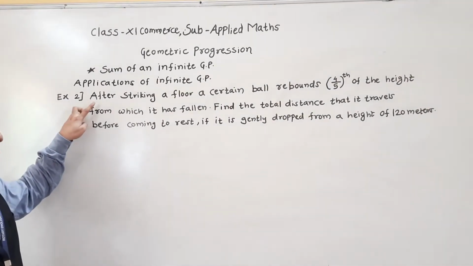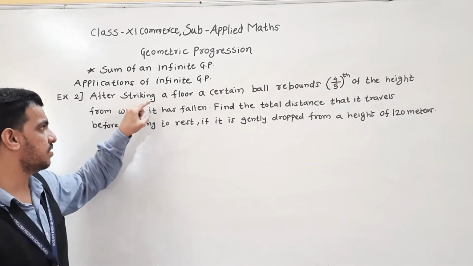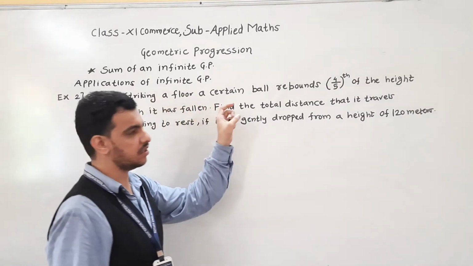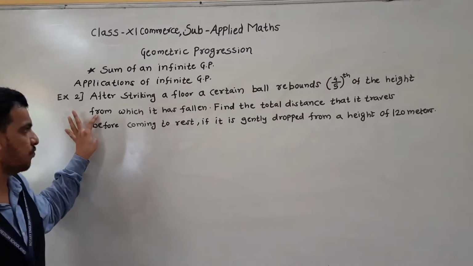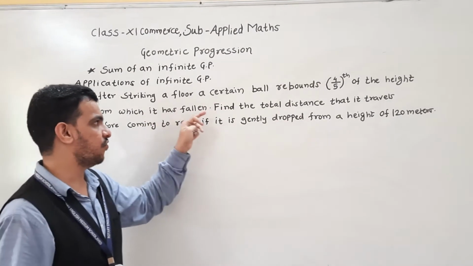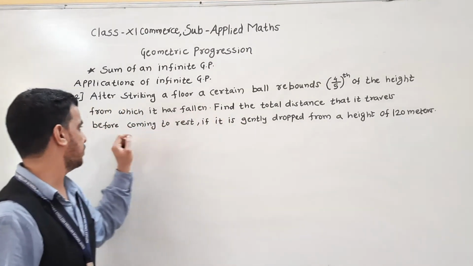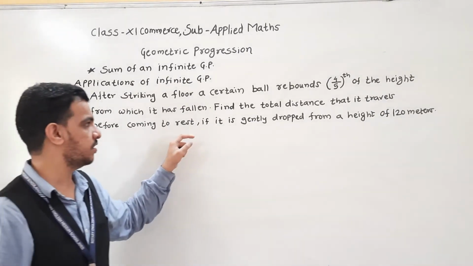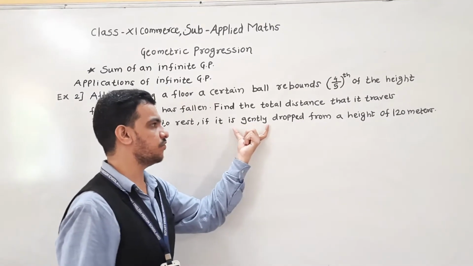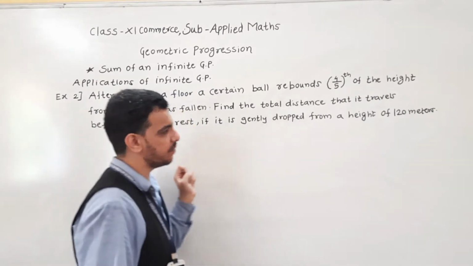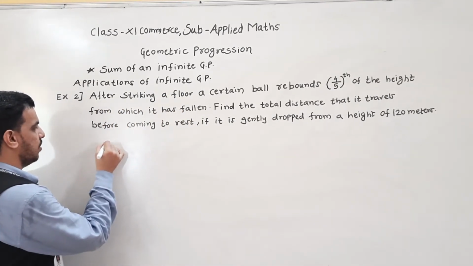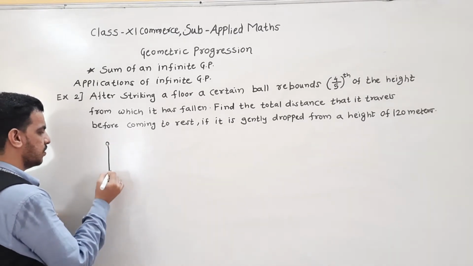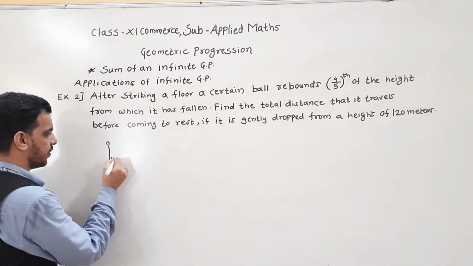Second example is, after striking a floor, a certain ball rebounds 4/5 of the height from which it has fallen. Find the total distance that it travels before coming to rest if it is gently dropped from a height of 120 meters. Okay, means initially this ball dropped from a height 120 meters.